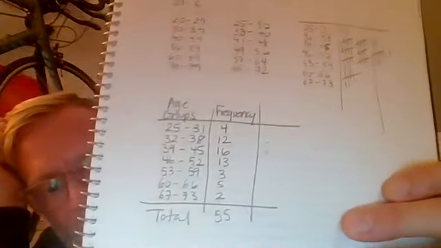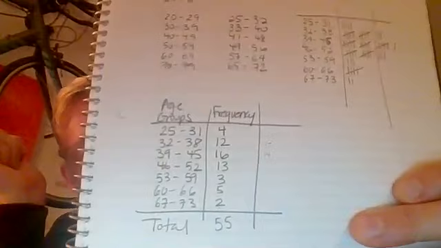But where are the lower class limits in this list? Let's just go off of my example. What are the lower class limits? The 25, 32, 39. Yes. And the upper class limits are the numbers on the right-hand side, the 31, 38. Now, what about my class boundaries?